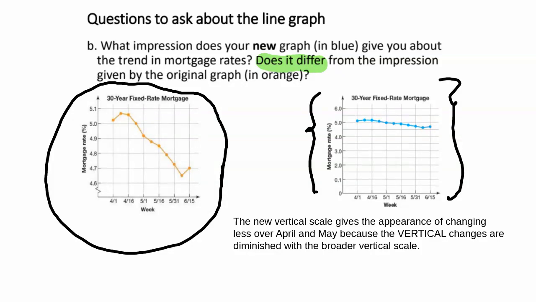So the question is, when you read the newspaper and they give you the blue graphs, they're saying they're staying the same or very close, you're going to believe them. But if you then regraph with the one on the left, you're going to show that there was a trend.